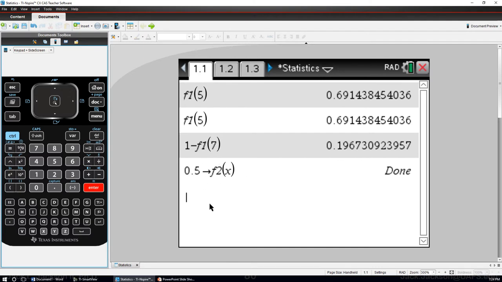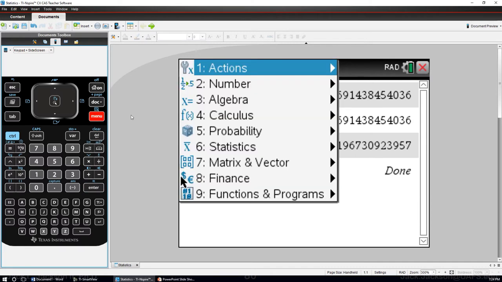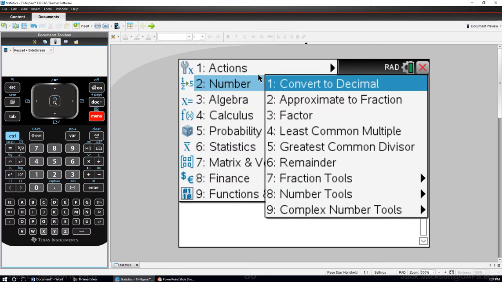But once I have my CDF in F1, I can go ahead and do this calculation, because I can go to Menu and this will actually solve equations for me.